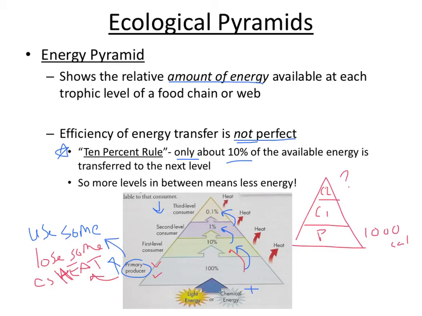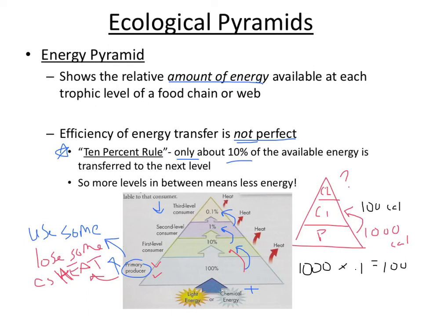You take 10% with each step you make, right? So we make one step from producer to consumer 1, we're going to take 10% of 1,000. So that would be 1,000 times 0.1, and that's going to give us 100. So at the second level, we'd have 100 calories.